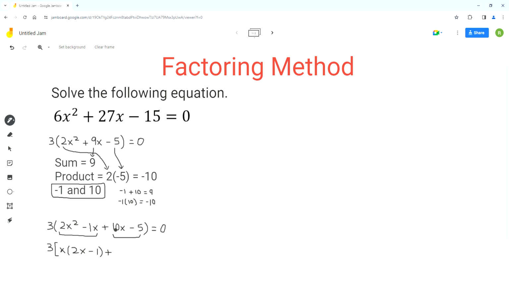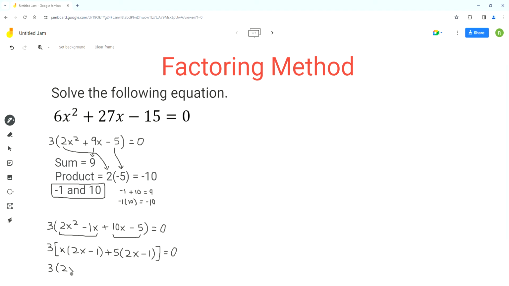Now from the second pair, we can factor out a 5. So in the parentheses, we are left with 2x minus 1 because 10 divided by 5 is 2 and then 5 divided by 5 is 1. So that's what we are left with in the parentheses. So now we can common factor the 2x minus 1.